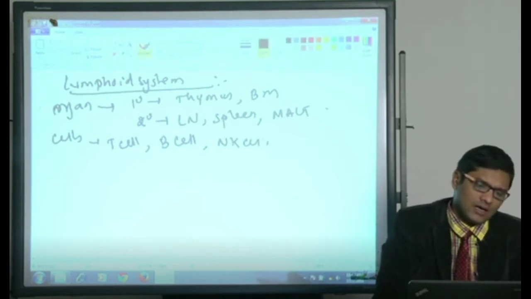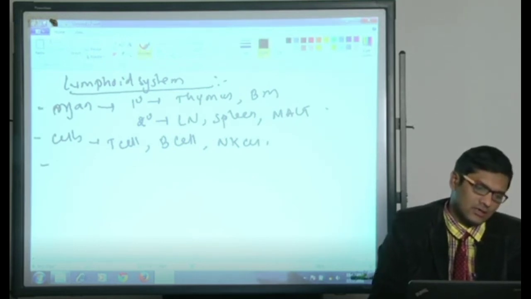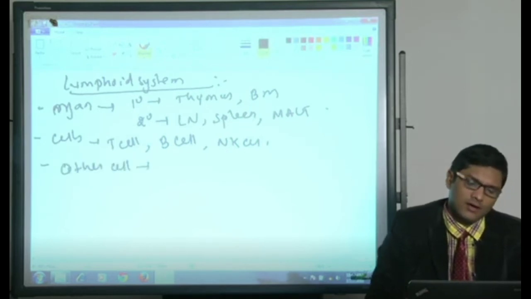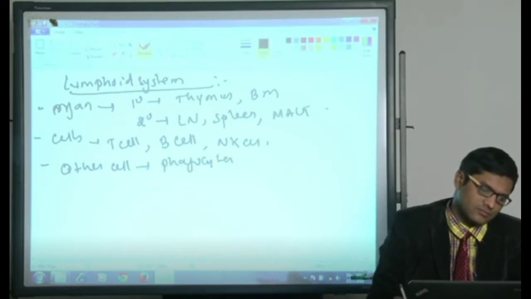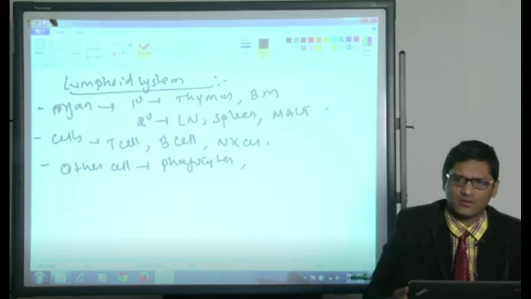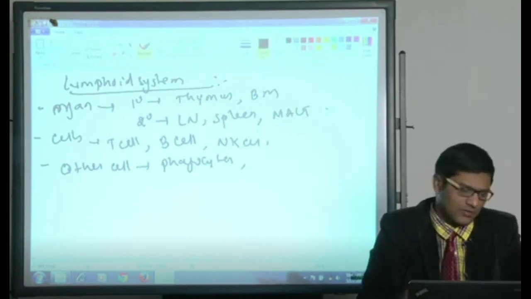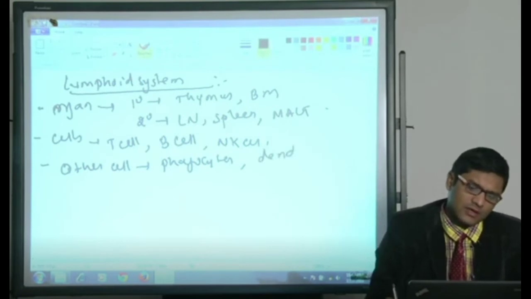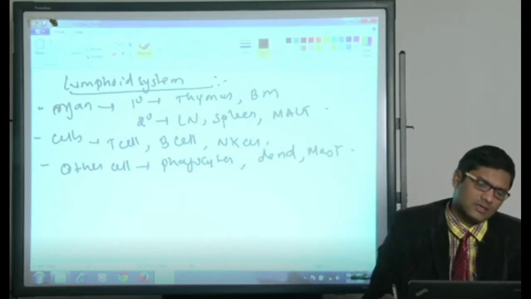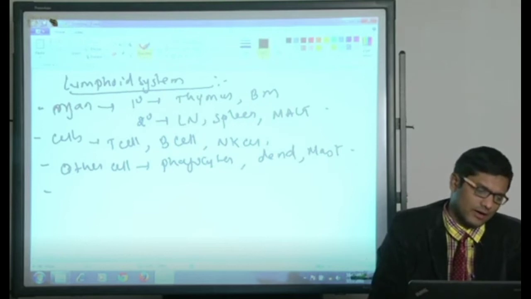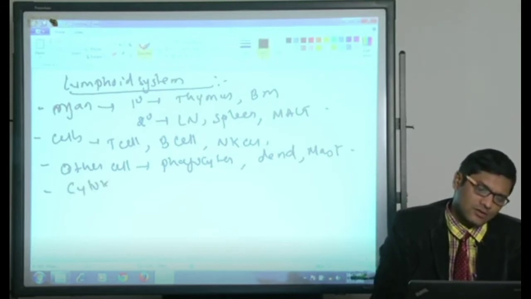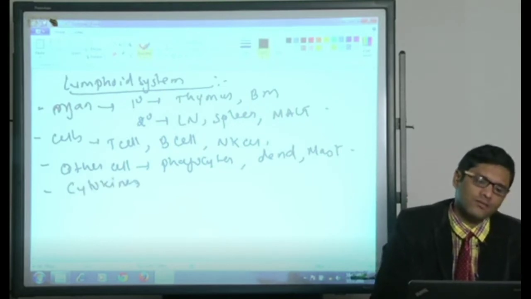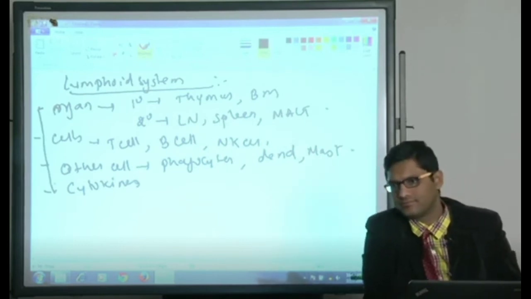They say that there are other associated cells of the immune system, for example the phagocytes such as macrophages, neutrophil, basophil, eosinophil, dendritic cells, mast cells, all these are other cells of the immune system. And don't forget the cytokines also, they are a component of the lymphoid system.